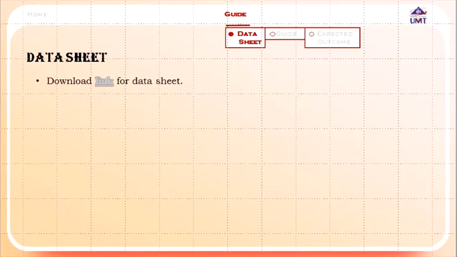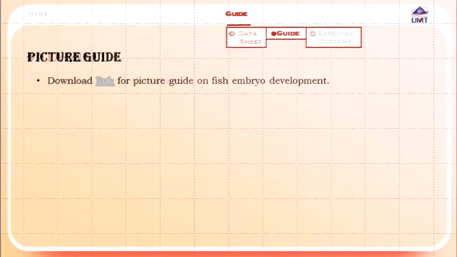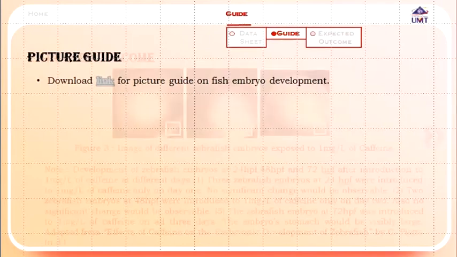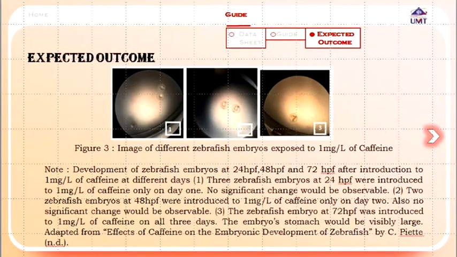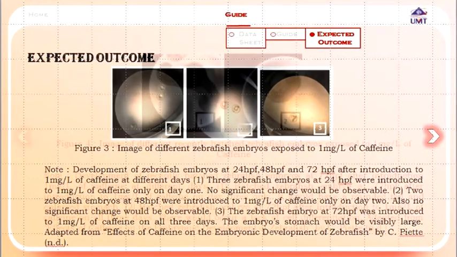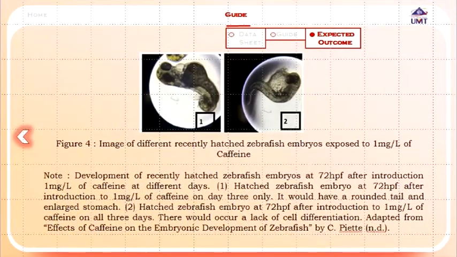You can download from the links. Other than that, we also provide a picture guide about the fish embryonic development, and last but not least, the expected outcome. This expected outcome is taken from zebrafish embryos exposed to 1 mg per liter of caffeine.